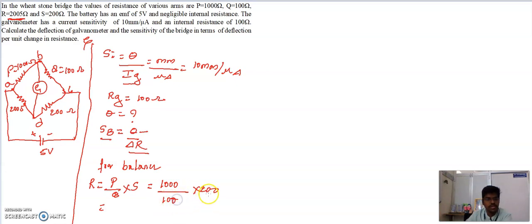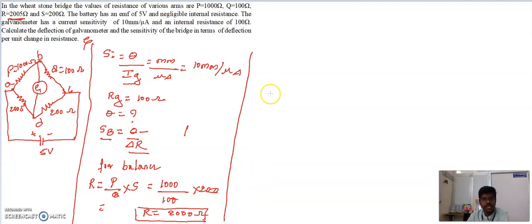This cancels, giving 2000 ohm. The actual value of resistance is 2000 ohm, but the given value of R is 2005 ohm. For 2000 ohm, there is no flow of current between the terminals B and D. If the value of resistance is slightly changed, then there is a flow of current between B and D.